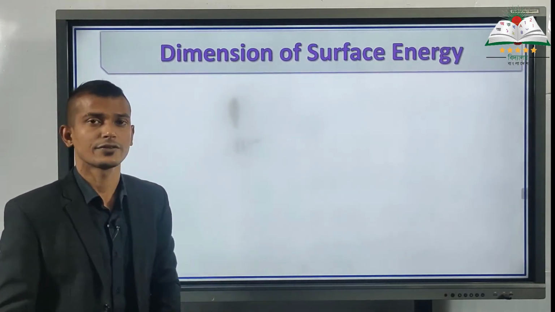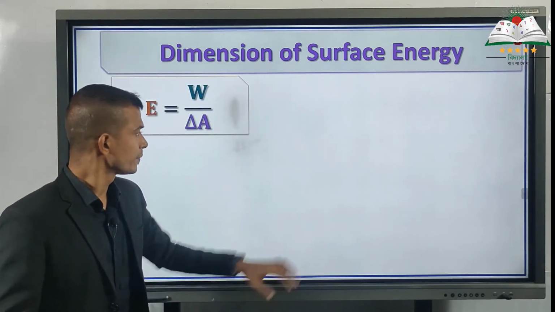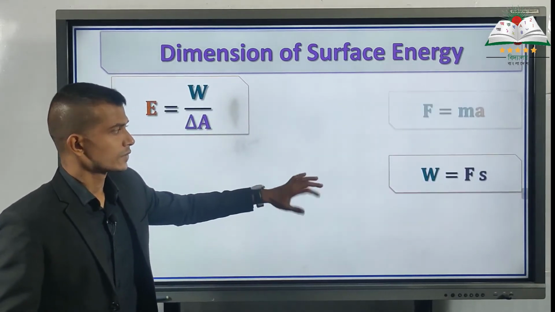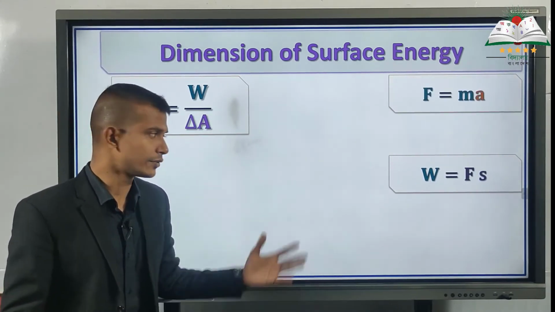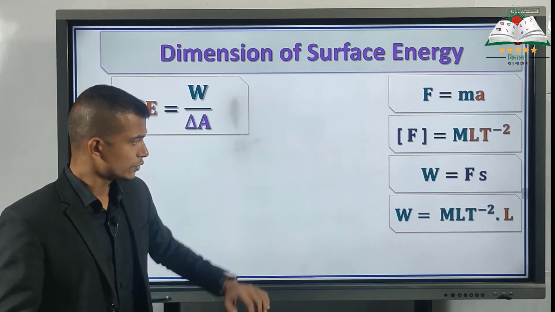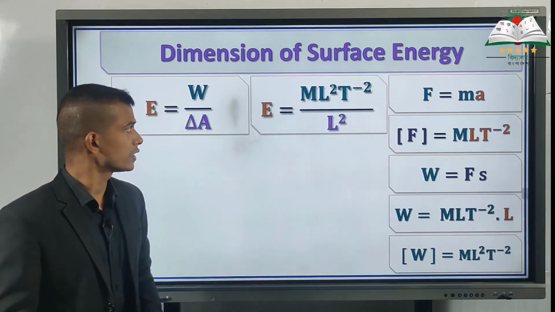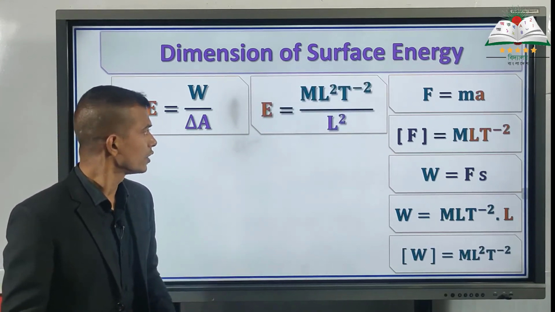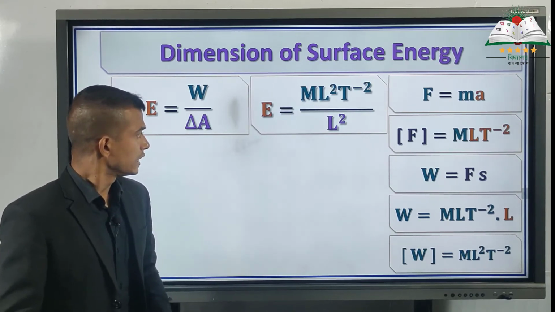Now the dimension of surface energy. If you can recall, E equals W by dA. Work done, as I have said, you can use it as ML square T inverse 2 directly. It will save you some time. For W equals ML square T inverse 2, we substitute the values here, ML square T inverse 2 divided by L square. So the L square in the numerator and the denominator, they negate each other.